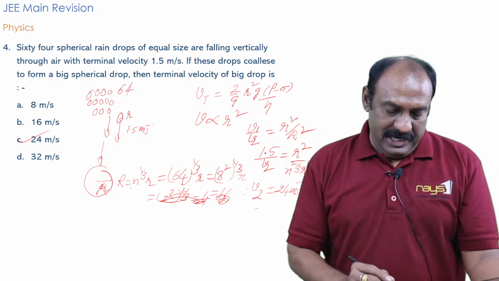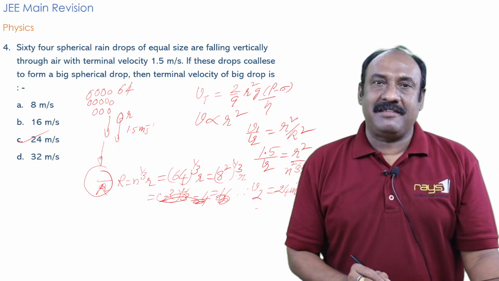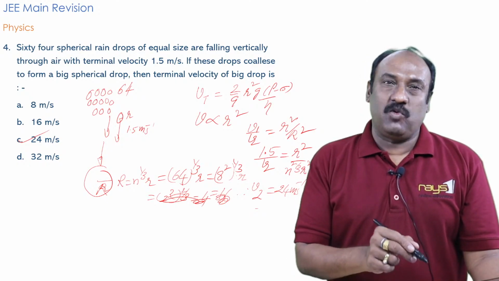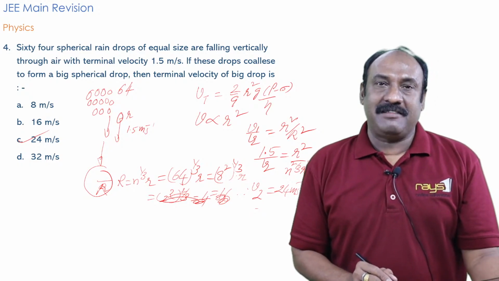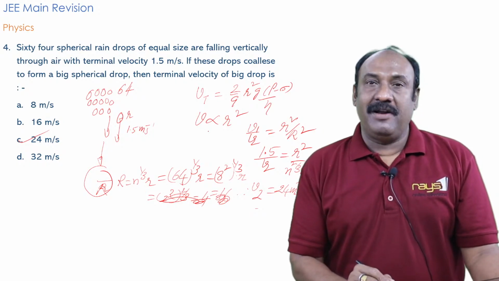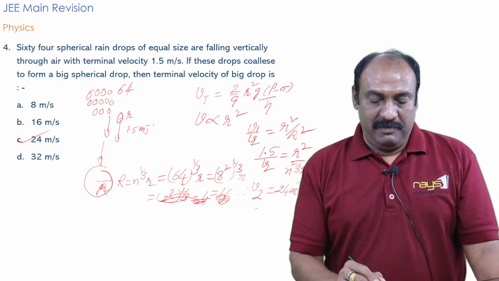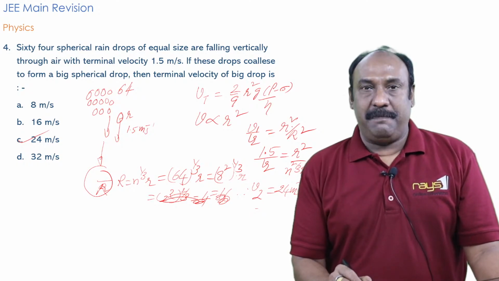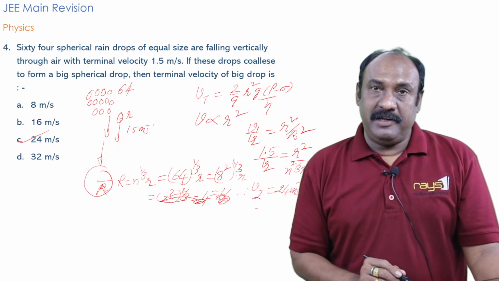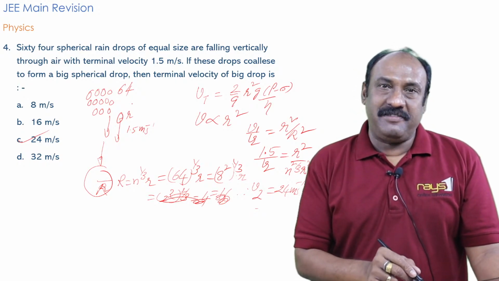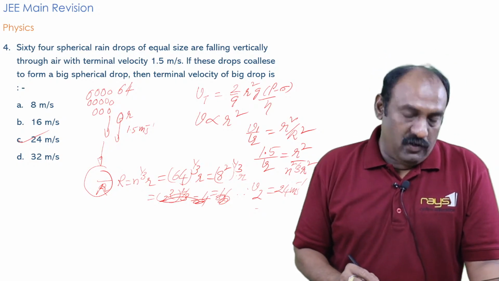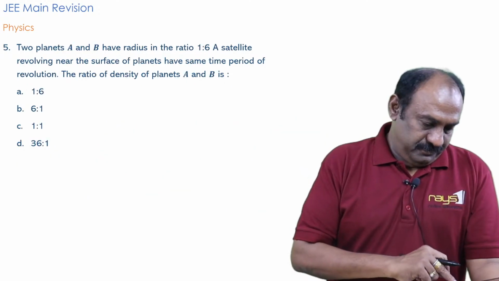On that basis we derived this equation: when n identical droplets coalesce to form a single drop, the radius of the big drop is n to the power 1 by 3 into small r. Terminal velocity V is directly proportional to r square. From this, V1 by V2 equals small r square by capital R square. The small r is the radius of the droplet, and capital R is the radius of the drop after merging of all these droplets into a single drop. So for question number 4, the answer is C, 24 meter per second.